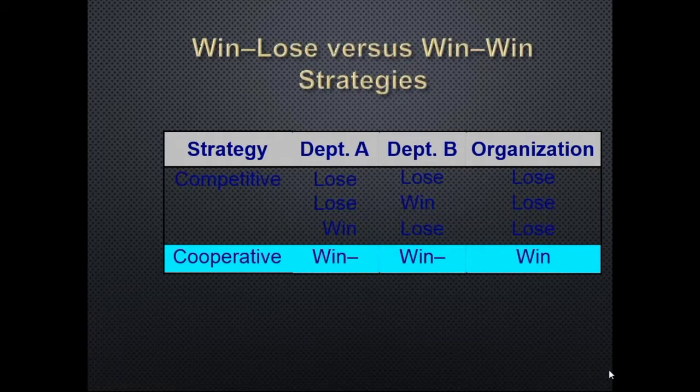But when it is cooperative, then the organization is at the winning end. What do I mean? If Department A loses and Department B loses in the conflict, for instance, the organization is also losing.